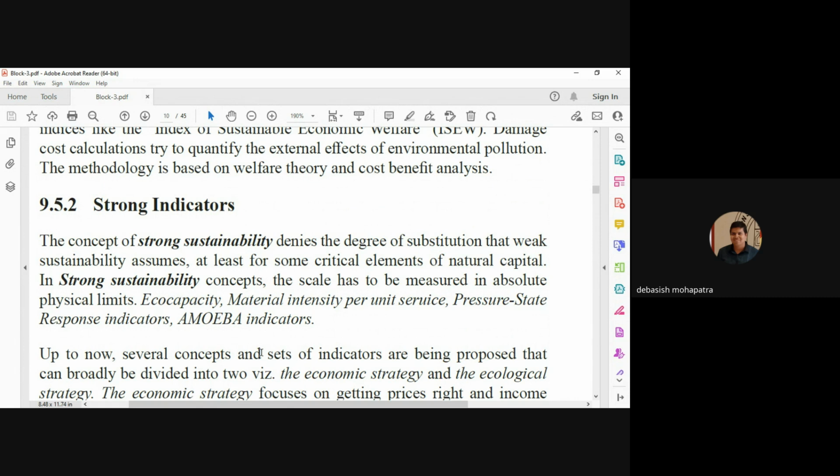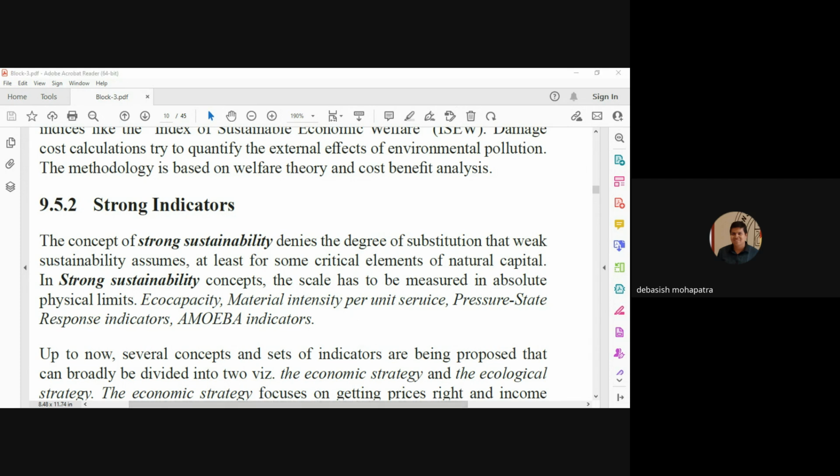Then, strong indicators. The concept of strong sustainability denies the degree of substitution that weak sustainability assumes, at least for some critical elements of natural capital.